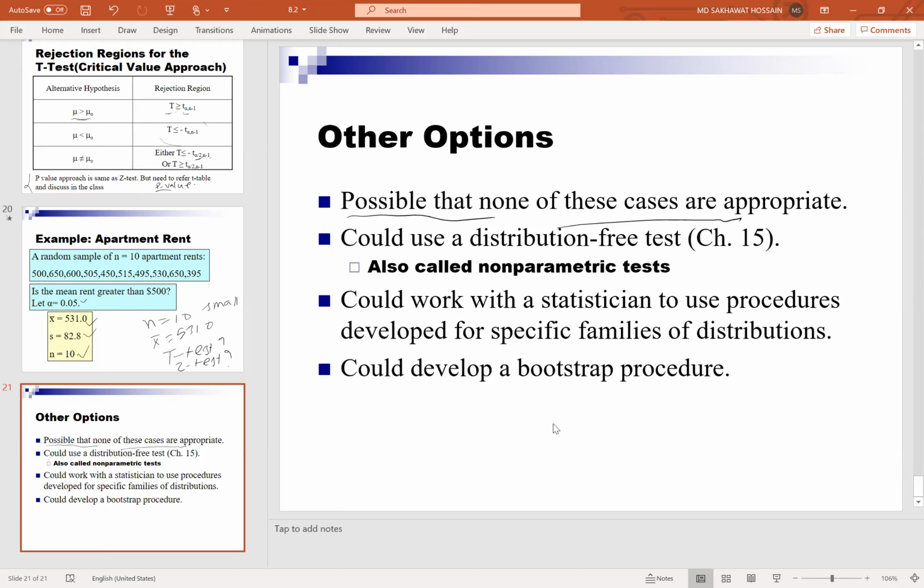This is called a non-parametric test because we do not use any parameter. We are not going to cover this one in this course. We can also use other families of distributions and other test statistics for hypothesis testing, and we can also develop a bootstrap procedure. We are not going to cover any of this in this course, okay?